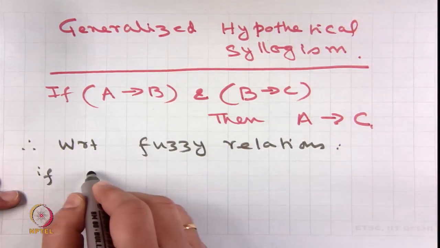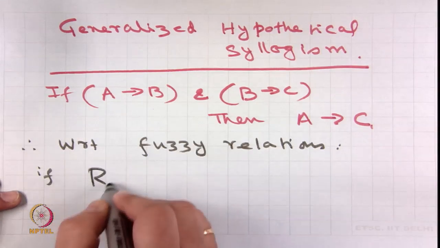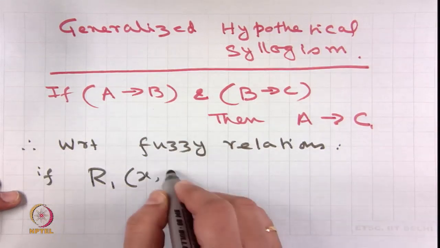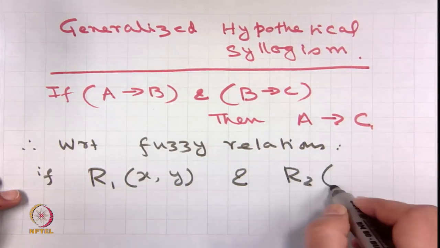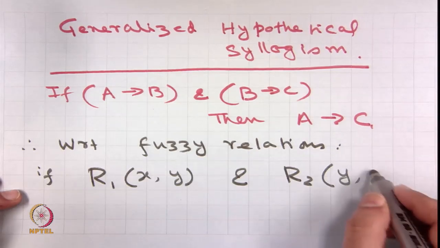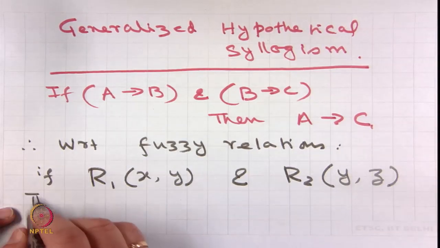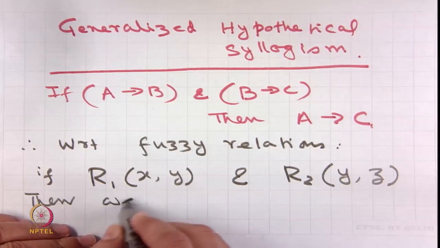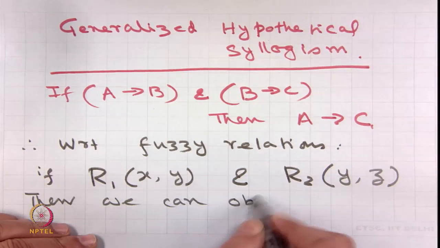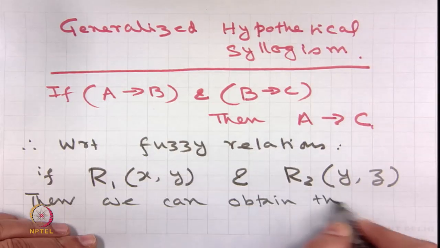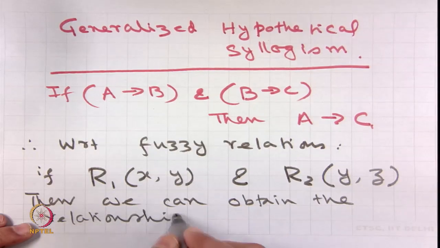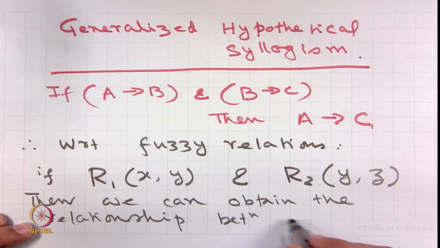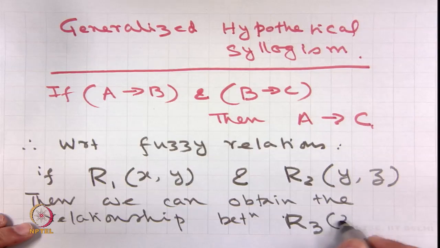If R 1 is a relationship between x comma y and R2 is a relationship between y comma z, then we can obtain the relationship between x and z, let us call it R3.